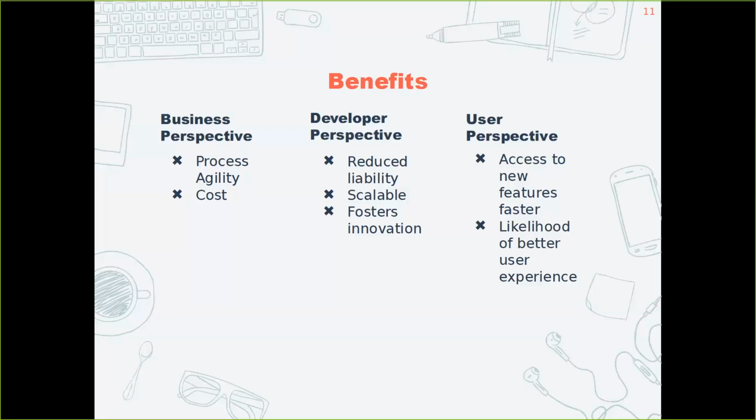So that iterative process, the user gives some feedback, the business analyst gets the requirement, the developer builds the code, deploys it, and that leads to better user experience. So that's what I was talking about by benefits.